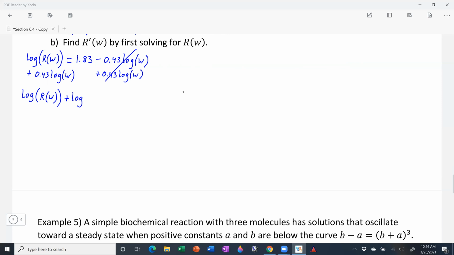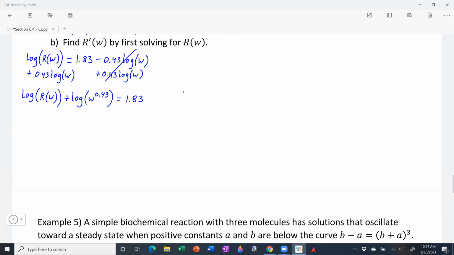I'm going to write this as log of, and it's going to be w raised to the 0.43 power. Okay, power rule. And then over here, we just have this 1.83 left. Okay, now I'm going to use the next property of logarithms.